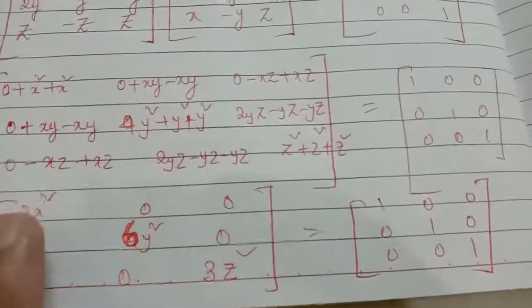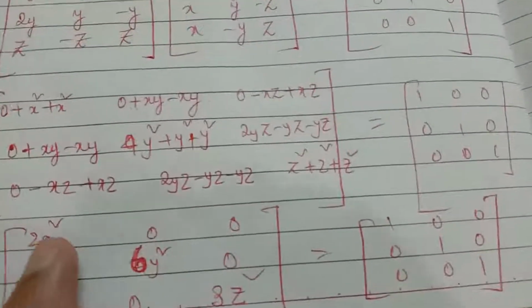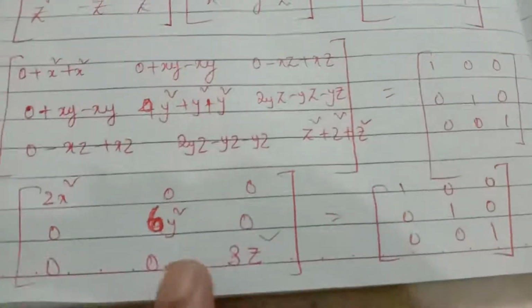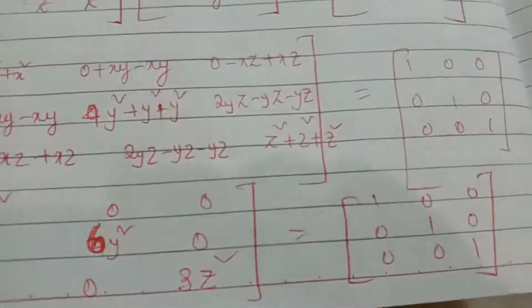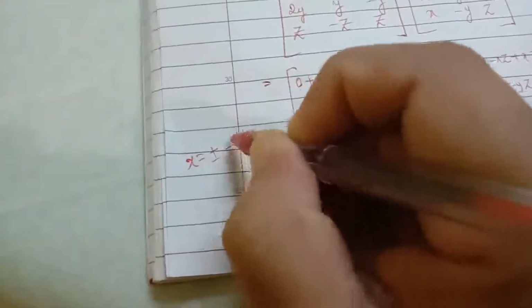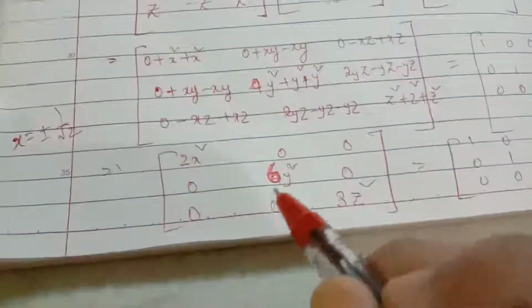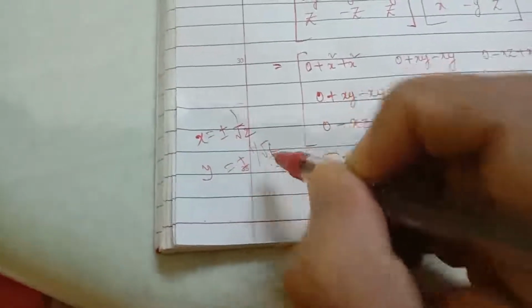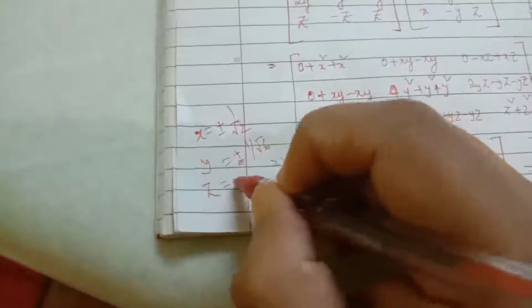Now if we compare these two matrices, we will get 2x square equal to 1, 6y square equal to 1, 3z square equal to 1, and from this relation we will get x equal to plus minus 1 by root 2, y equal to plus minus 1 by root 6, and z equal to plus minus 1 by root 3.